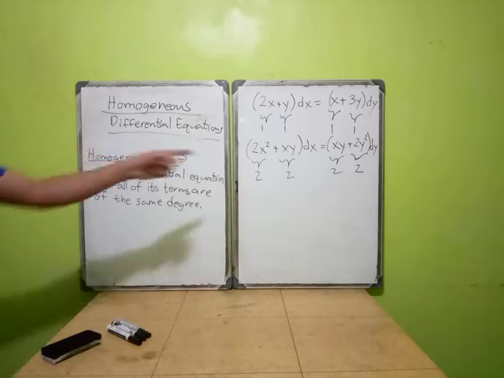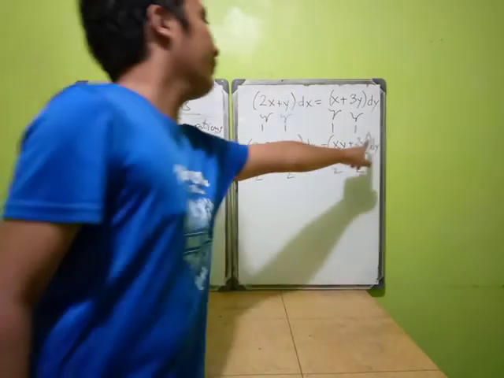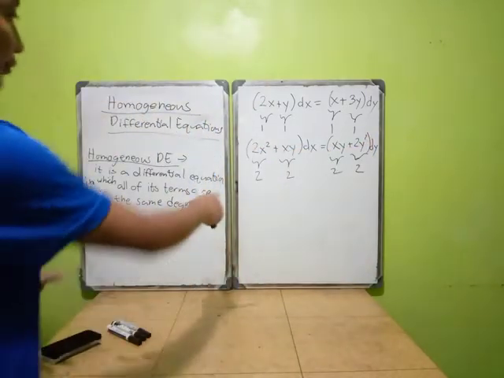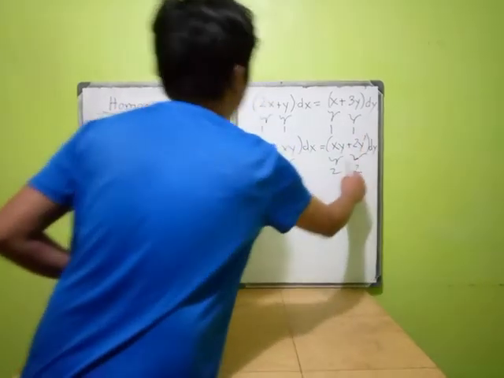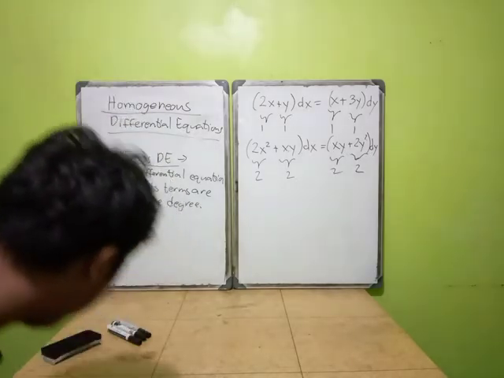Kahit isa lang dyan sa kanila na iba na yung degree, for example, nawala na yung to the power of 2 dito, so kapag nawala, 2, 2, 2, magiging 1 na lang to. So, hindi mo ma-apply yung solution which is applicable only for a homogeneous differential equation.